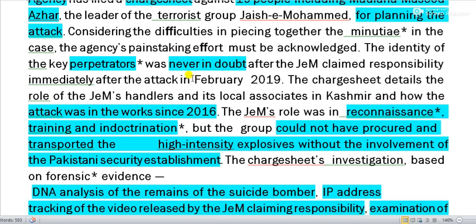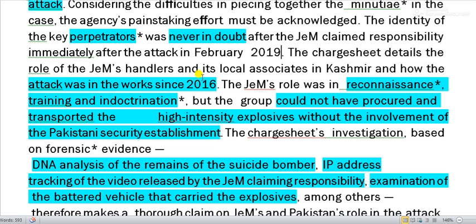They had themselves claimed that they were responsible for the attack. So, the investigative agency had at least one clue whom to investigate and what to investigate.